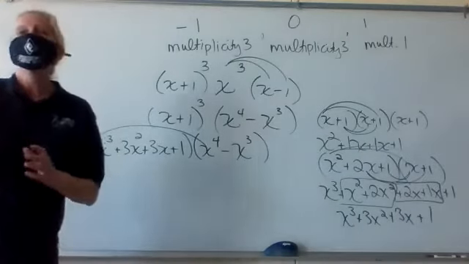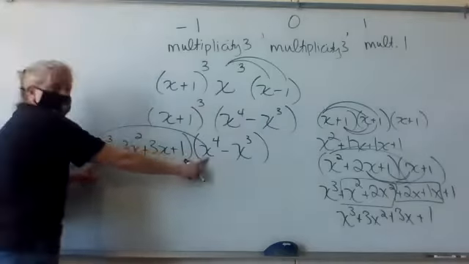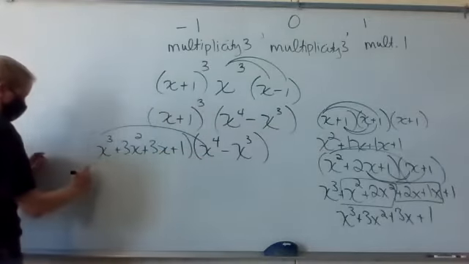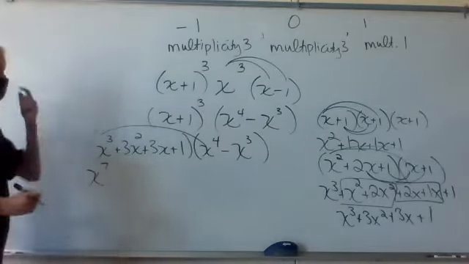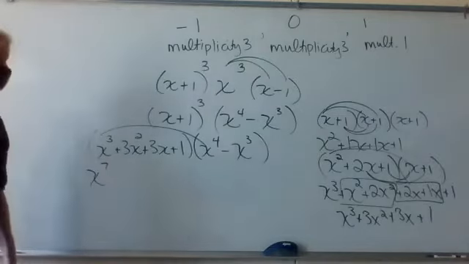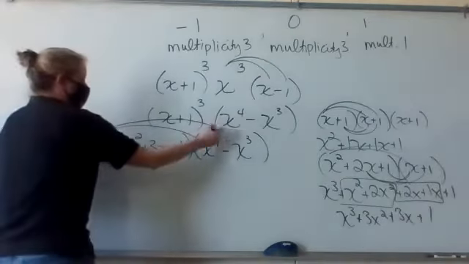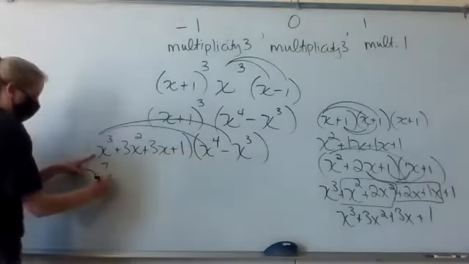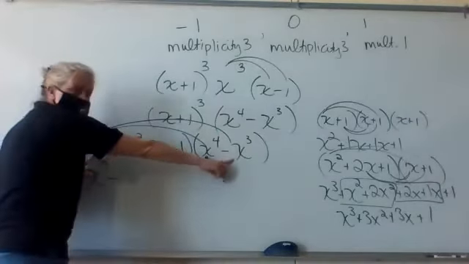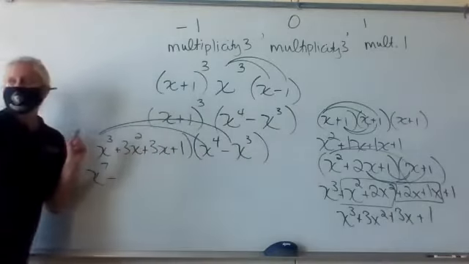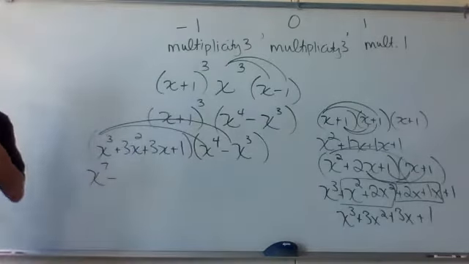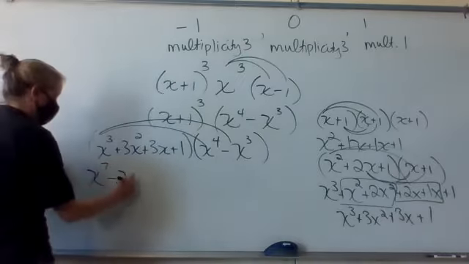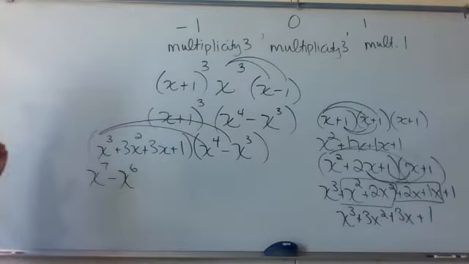You're going to add them. There's your x to the 7th. X to the third times negative x to the third. So I've got a positive times a negative, which just makes it negative. Multiplying x's together, which means I'm just going to add those exponents. That's going to give me negative x to the 6th.